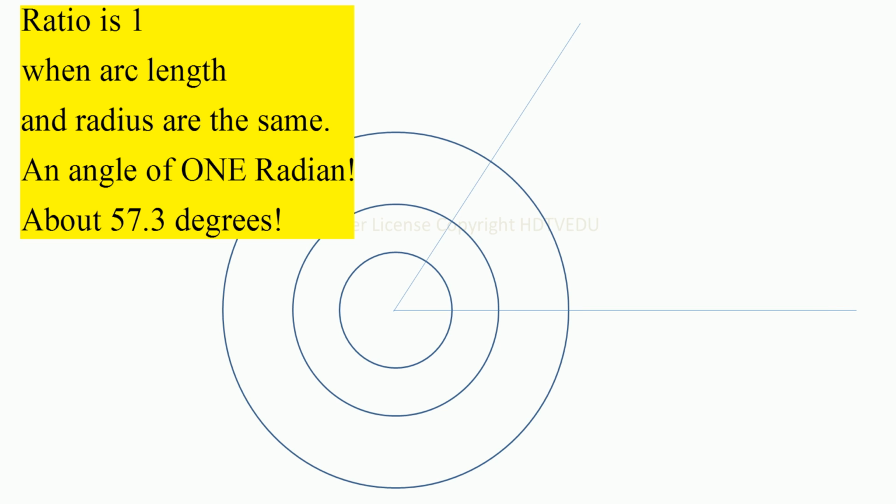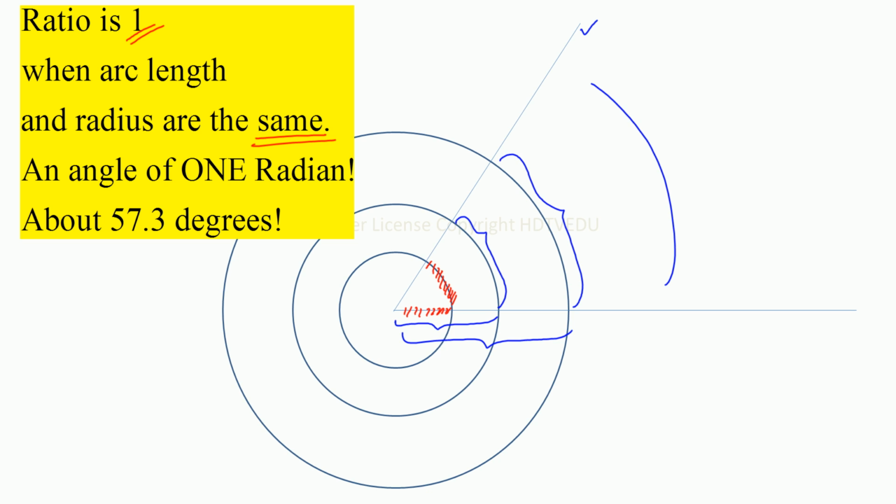So ratio is 1 when arc length and radius are exactly the same. This is the radius, and this is the arc length. But when the radius and the arc length are exactly the same, we have an angle of 1 radian. And do not forget, for this particular line, the angle is positive 1 radian.